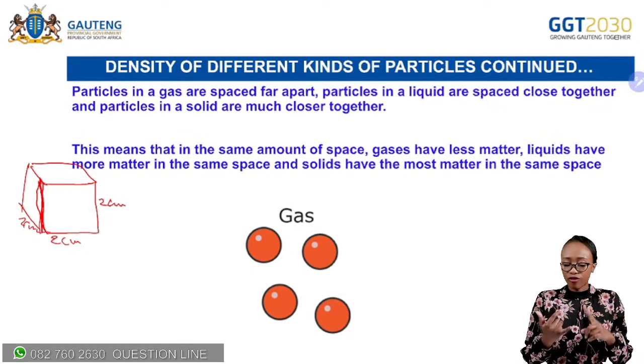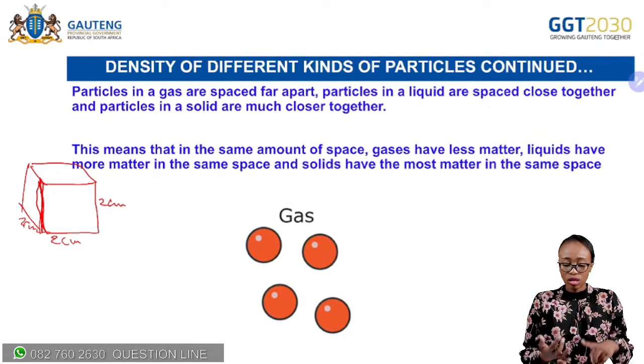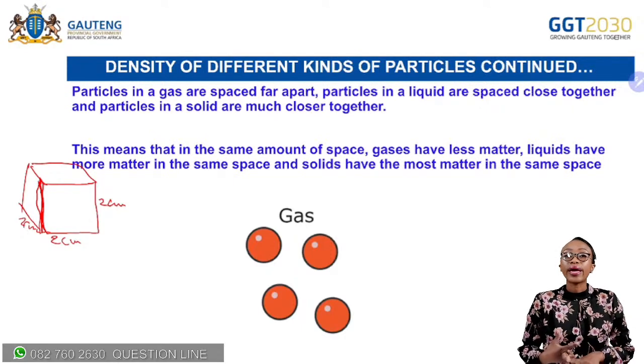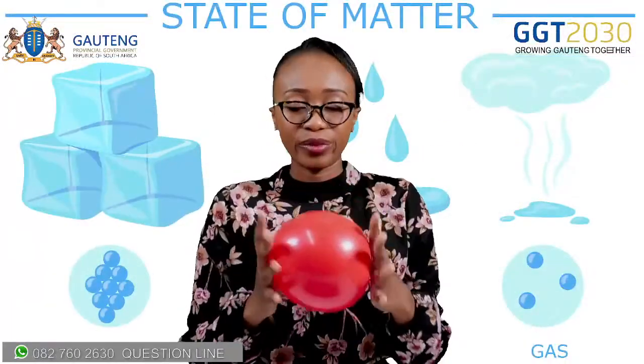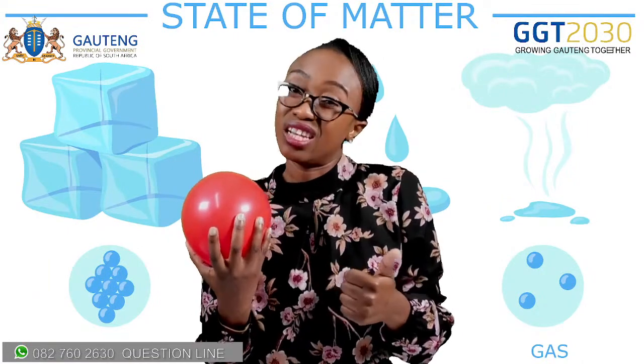Now, I've tried to compress a solid. I could not. I've tried to compress a liquid. Some success, but not much. So now I'm going to try and compress a balloon that I filled up with air. There we go. I tried to compress the solid, no luck there.